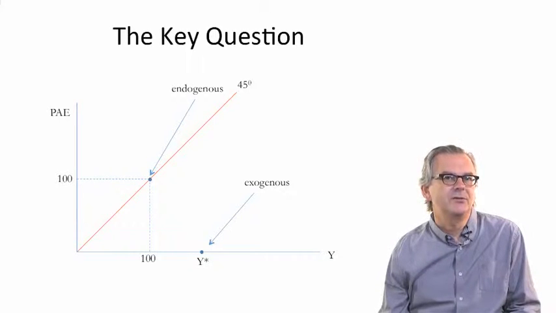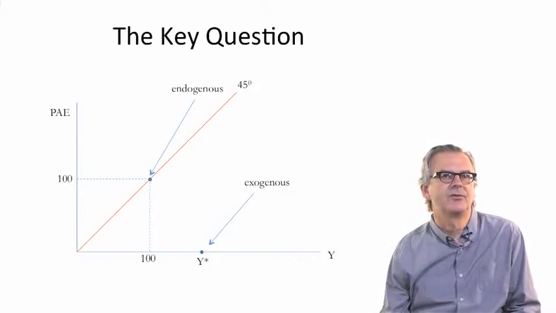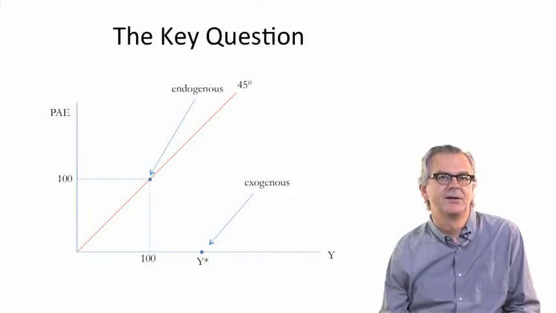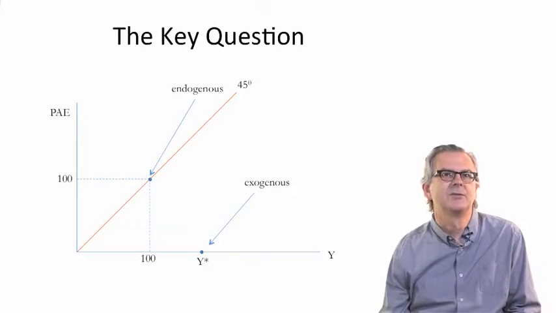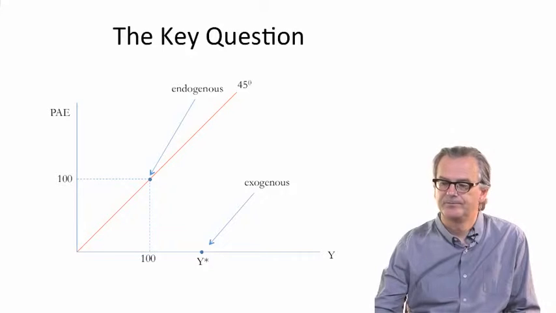But because potential GDP is not part of this framework, because it's exogenous, the possibility that the economy's equilibrium GDP might differ from potential GDP, and therefore that an output gap might exist, is a very real possibility indeed. And that's the sense in which we're building up an explanation or a model of the business cycle, a model that will explain where output gaps come from.